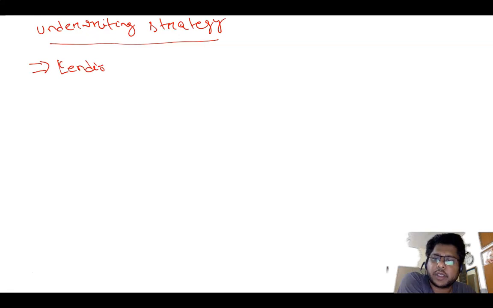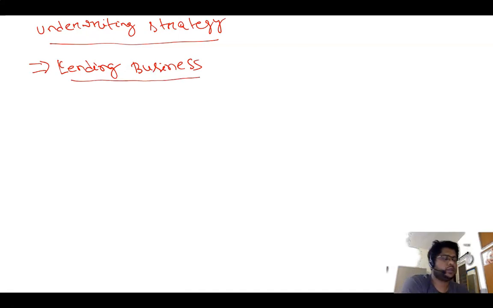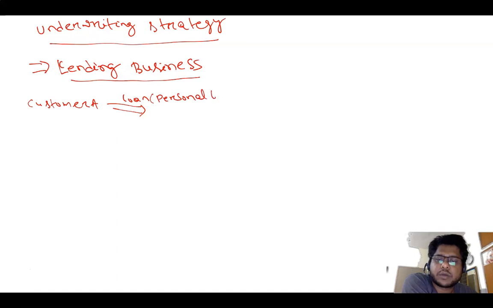So we are talking about the lending business. We'll cover in the next classes what underwriting means for other areas. So customer A applies for a loan, let's suppose a personal loan, to a bank B.